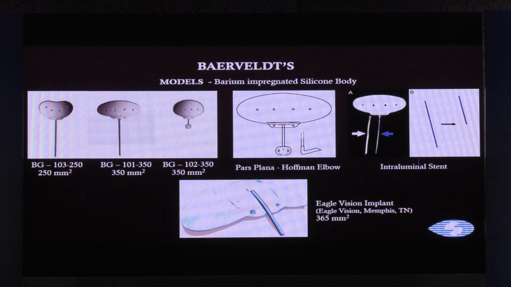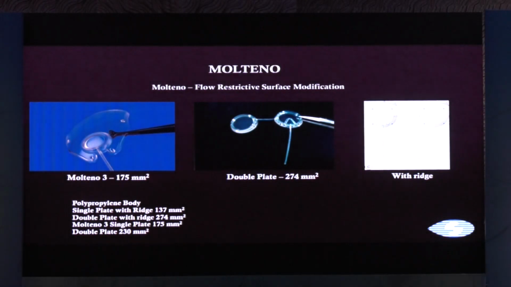And there are also pars plana clips in the form of Hoffman elbows, so you can put it in the pars plana region without coming to the limbal area. And there are also stent cords which can be put into the intraluminal portion to reduce the overflow, and it can be gradually removed to resume the normal flow.